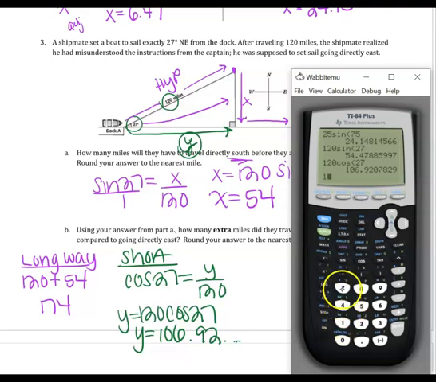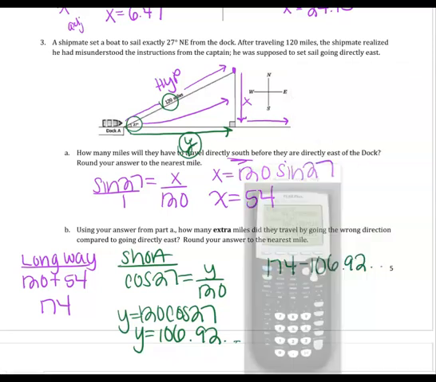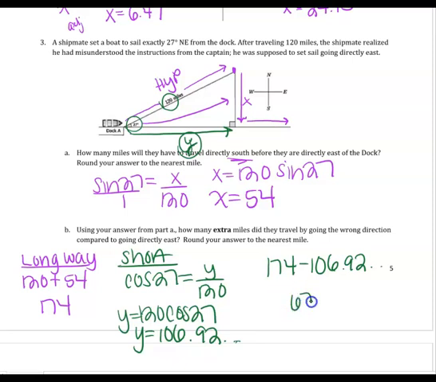Well, if I do 174, take away that 106 number, they traveled 67 extra miles. I think that's what I said, right? Yeah, 67 extra miles. Yikes. That's quite the big mistake.